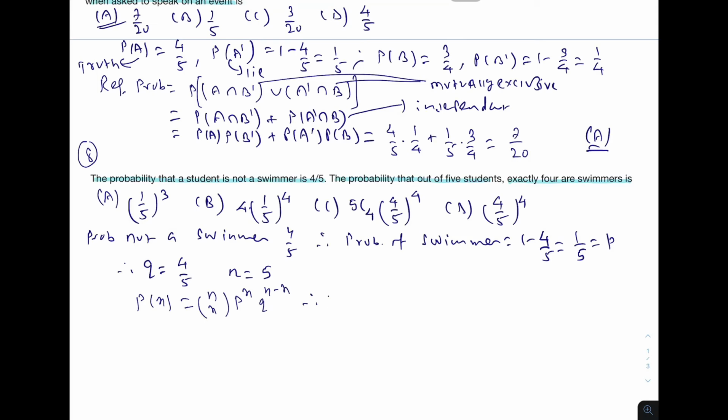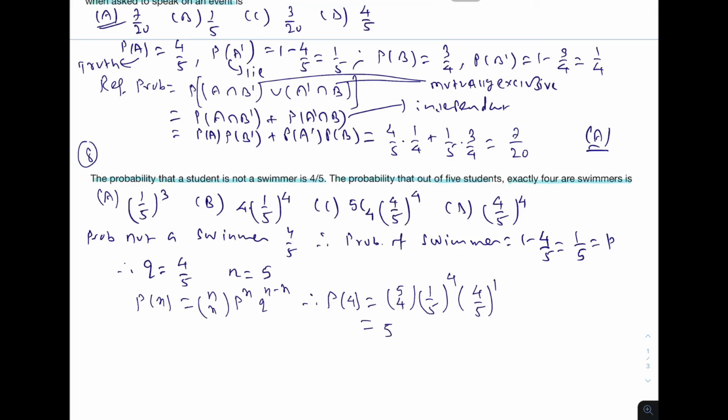Now here the probability is exactly 4, so that is P of 4. N is 5, so 5C4, p is 1 by 5 power 4, q is 4 by 5 power 1.